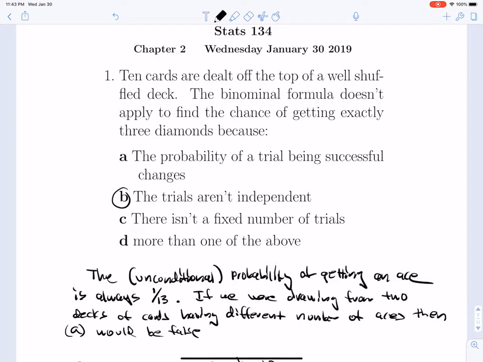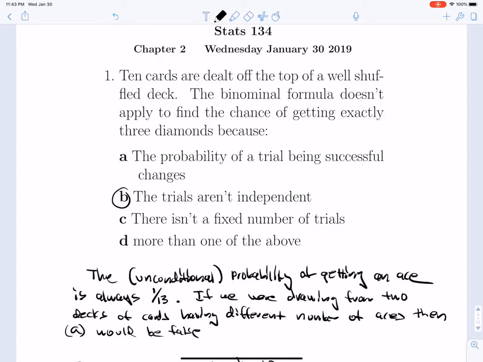So the key here is that the probability of having a diamond is an unconditional probability. The unconditional probability of having a diamond for the first trial, second trial, third trial, fourth trial are all the same. It's 1/4.